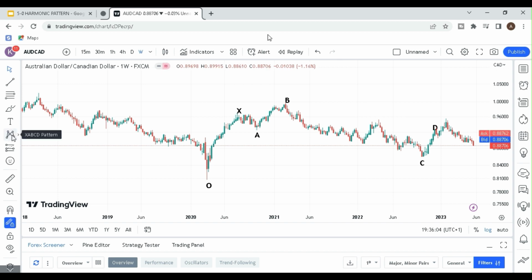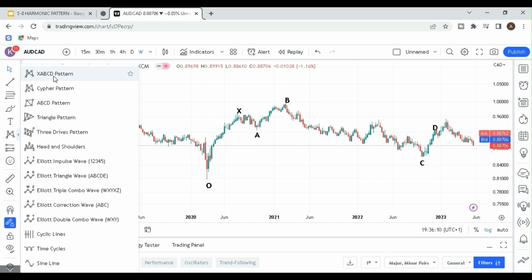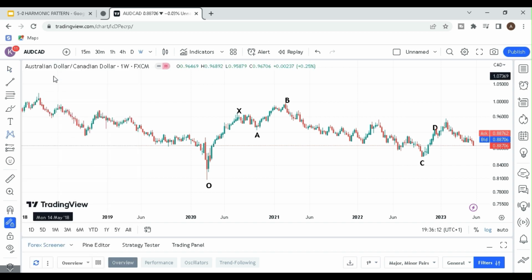Now you come back to this XABCD pattern. Click on the pattern, click on the XABCD pattern.